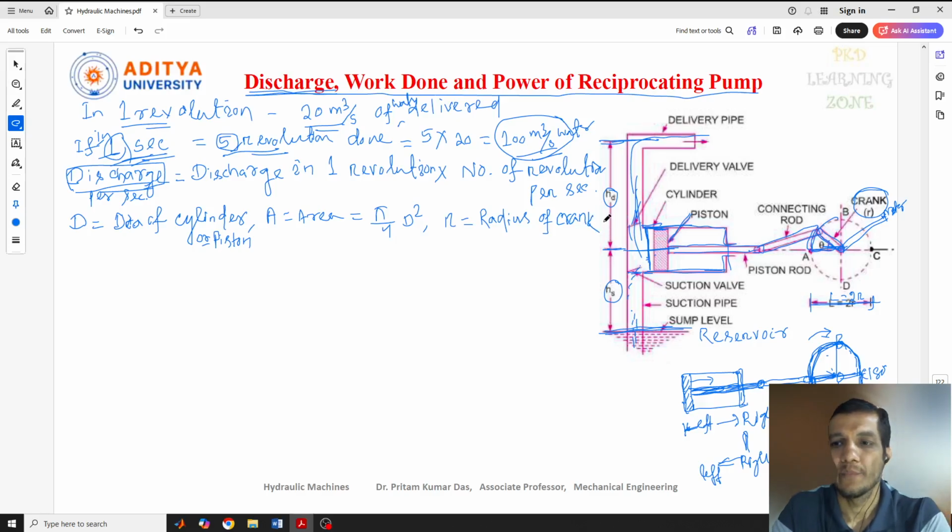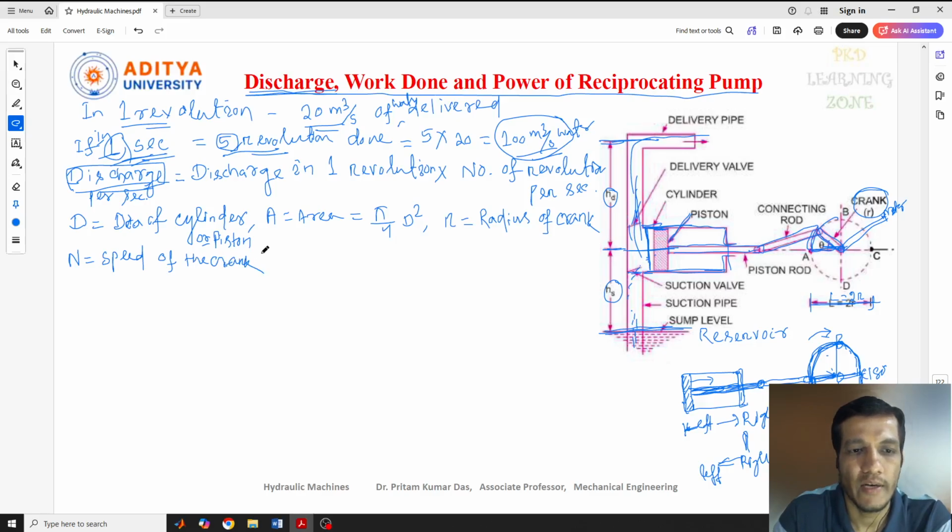Now the next terminology: how it is moving when rotating, how much speed it has. That is N, the speed of the crank, or we can say the rpm, revolutions per minute.